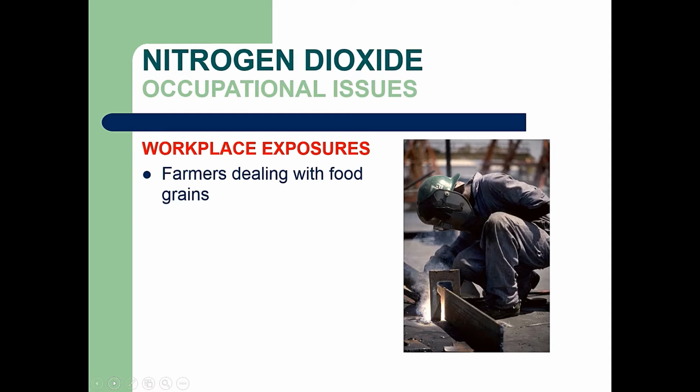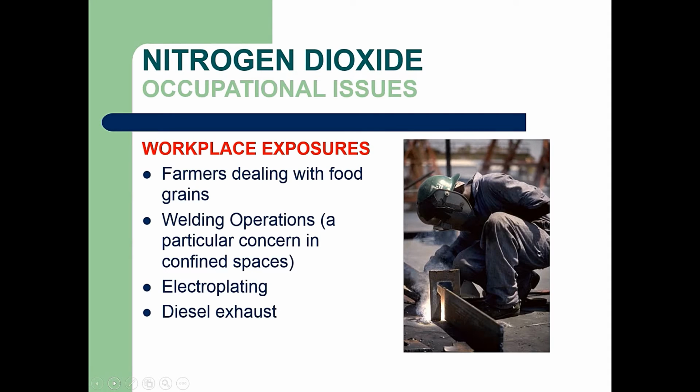But nitrogen dioxide concerns are not limited, of course, to agriculture. In general industry, nitrogen dioxide is a concern in welding operations and electroplating, and it is a primary component of diesel engine exhaust from heavy equipment.